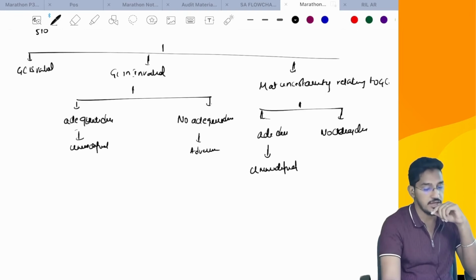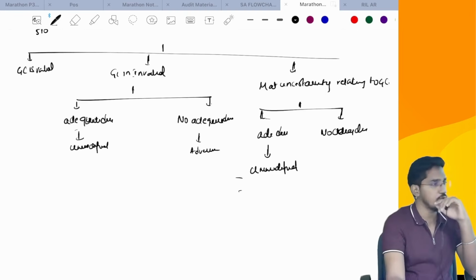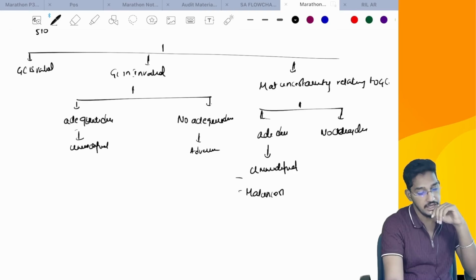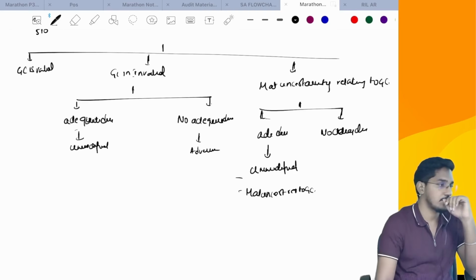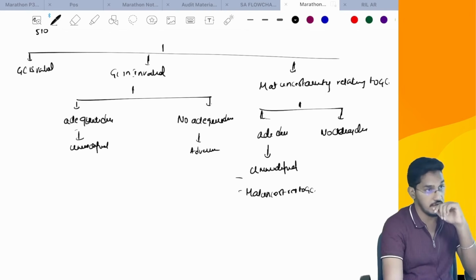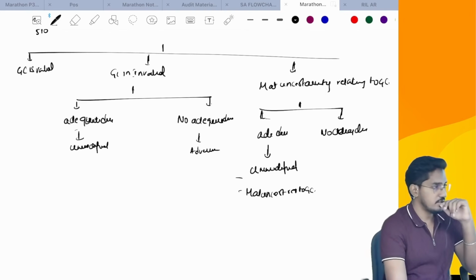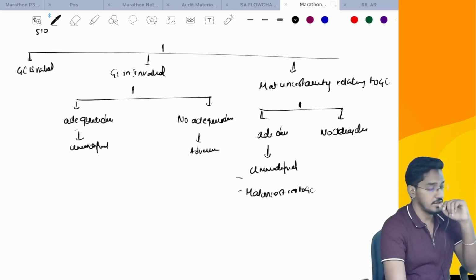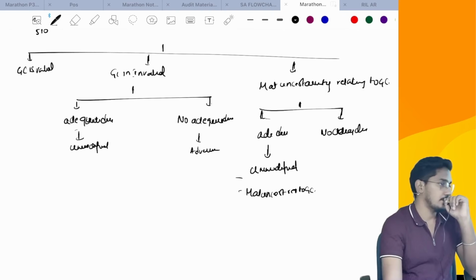What the standard specifically says here is: you highlight it, but don't use the emphasis of matter paragraph. You use a separate paragraph with the heading material uncertainty relating to going concern, and under that heading you highlight that matter. Understood? Clear and comfortable, everybody?